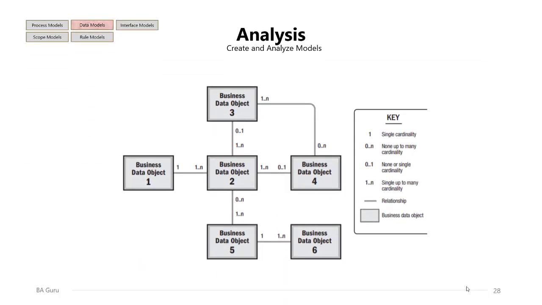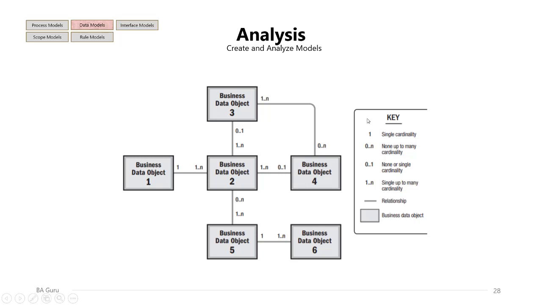An entity relationship diagram should look like this, and the numbers you are seeing here represent the cardinality, which we just explained, and simply an entity relationship diagram will show different business data objects and the cardinality between them.